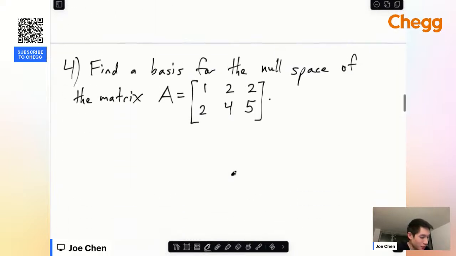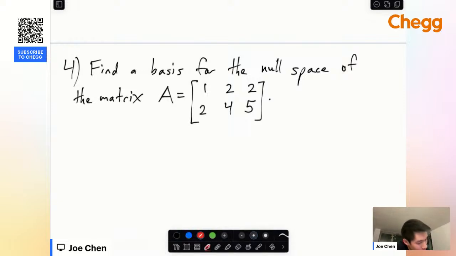Here's a similar question. We have the concept of a basis again, but this time of the null space. Every matrix has a column space and a null space, and although they sound similar, they are pretty different concepts.